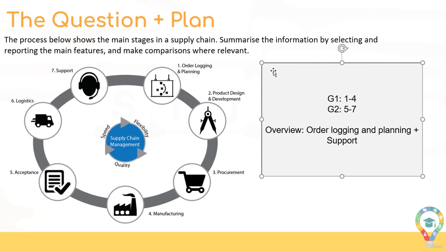And you can do that for every kind of process question. Okay, so group 1, stages 1 to 4, which we have around here. And group 2, we have stages 5 to 7. Overview is stating that stage 1, order, logging and planning, and last stage is support. Okay, so let's move on to writing this report.